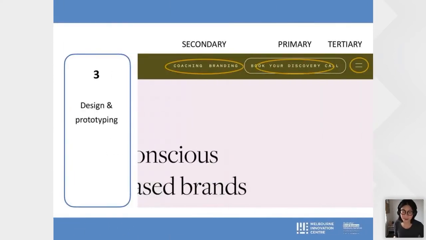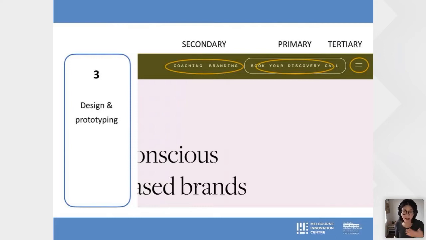As I spoke about before, I have my primary navigation button, which is book your discovery call. I have a secondary one on the left of that, which is coaching and branding. Both of them are links. And then a tertiary one, which is the hamburger element with the two lines, and that opens up to become a slide out option.